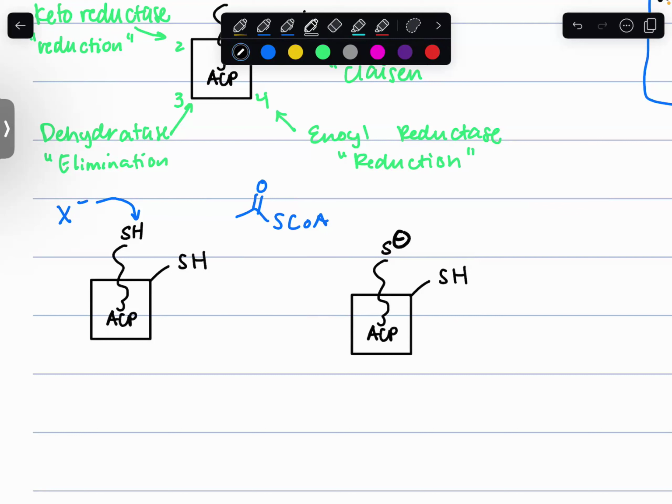So now that we have primed our hook, basically, we're going to catch a fish. This negative, electron rich nucleophile, the carbonyl is going to be, anyone? Electrophilic. So we'll have our nucleophile attack there. And it's going to form a tetrahedral intermediate that is then going to break and kick off our CoA.